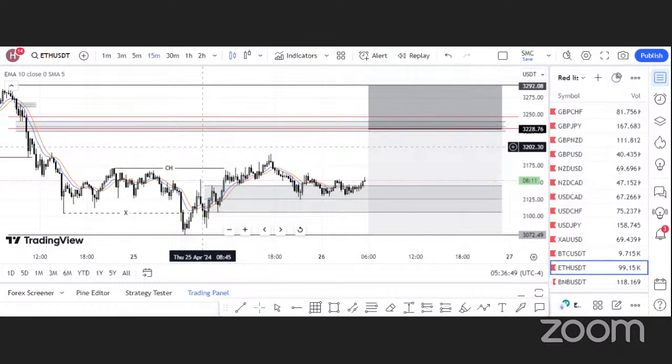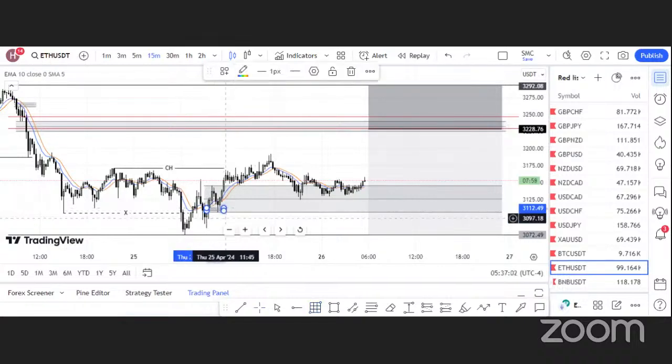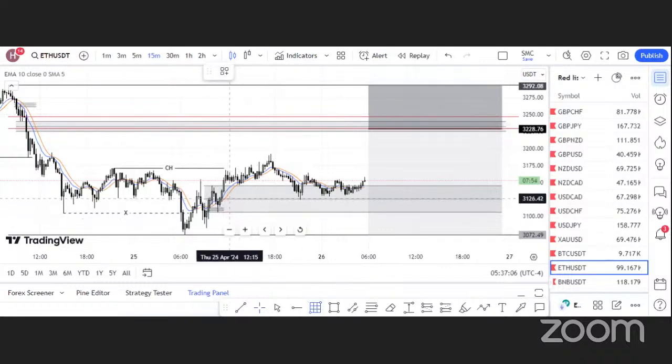As you can see here on the higher time frame, the market had earlier made a move to close gaps. We have this gap closed, and another one here that got closed, right?